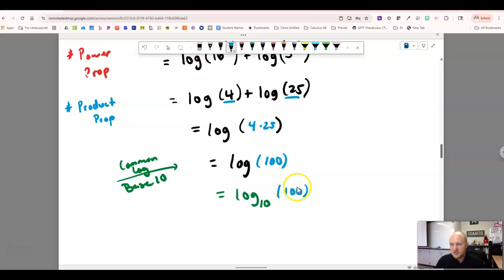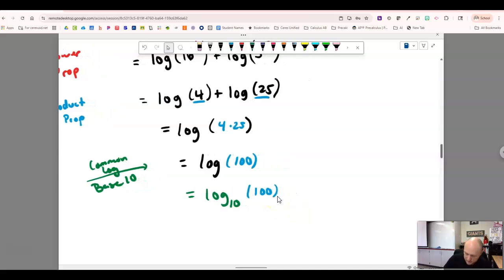And you notice, isn't 100 an exponential expression of 10, right? That's 10 to the power of 2. So I'm going to write this as log base 10 of 10 to the power of 2. I do this because these two, logarithm and exponential, cancel each other. They're inverses. And so I get an answer of 2. Just 2. Okay?